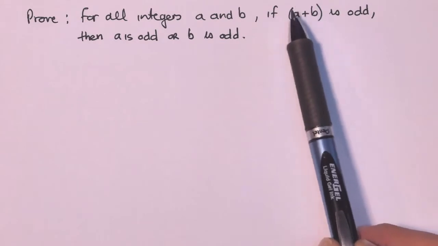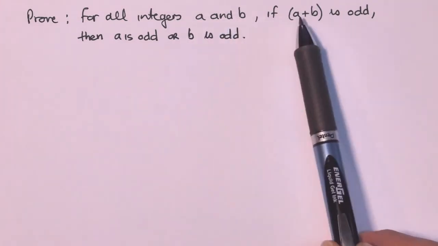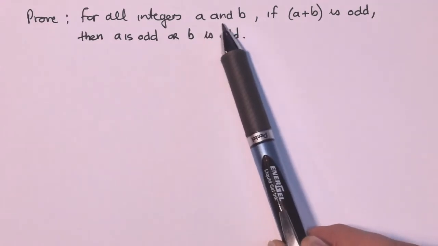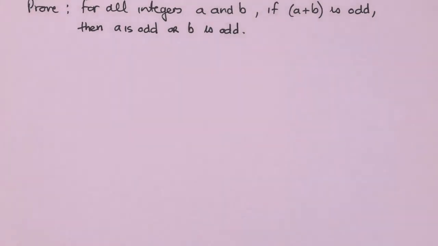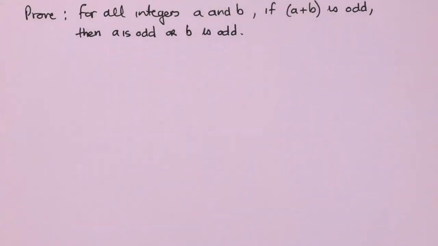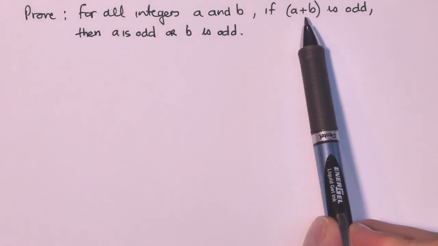We need to know something about this to be able to separate them. And on the other hand, if we know something about a and b separately, then combining them might just give us information about the sum of the two.